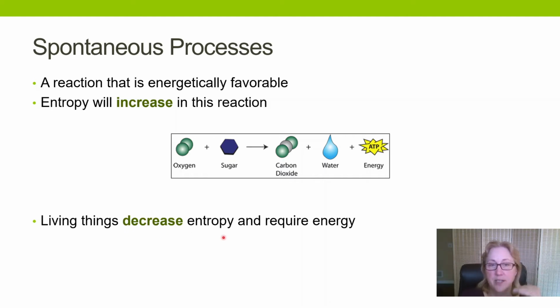That decrease in entropy required energy. All of the energy that you've been taking in the form of food your entire life is how you have managed to decrease your entropy over the course of your lifetime. And it will go in the other direction when you die and you decay. Entropy will be increasing at that point.